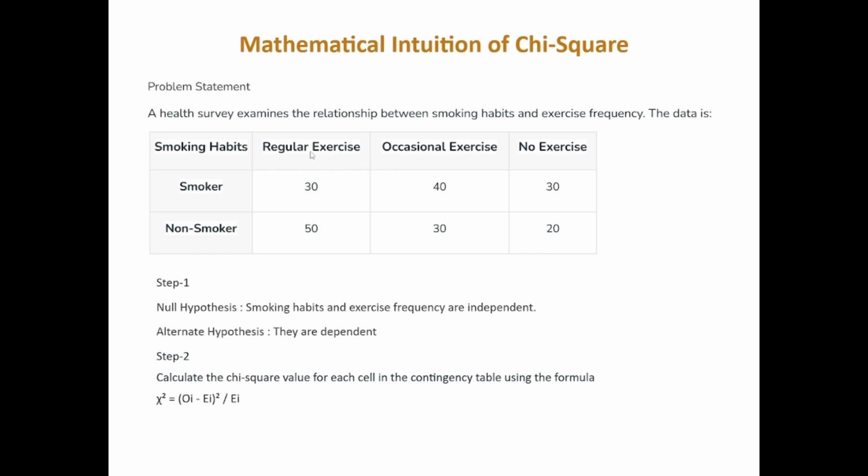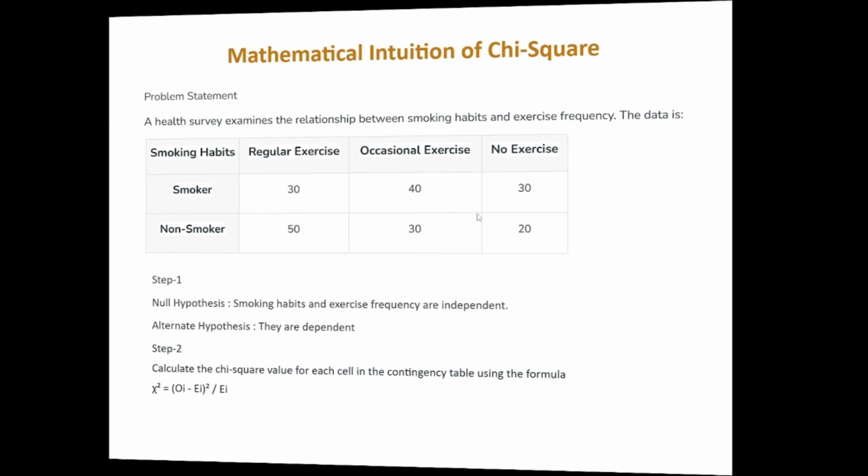The category I am considering is regular exercise, so the column total will be 80, and I have to divide by the grand total. Grand total means I sum up all the records, and I get 200. So my expected frequency for the first cell is the row total 100 multiplied by 80, divided by 200. Now what is my observed frequency? In my first cell the observed frequency was 50.